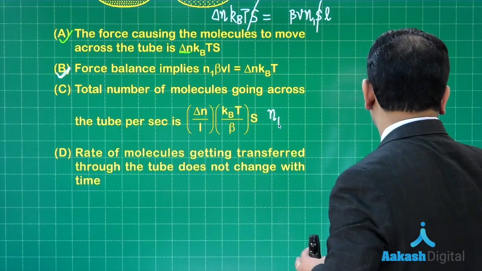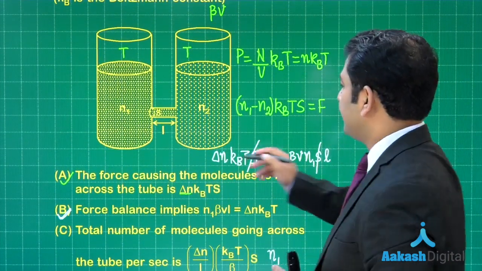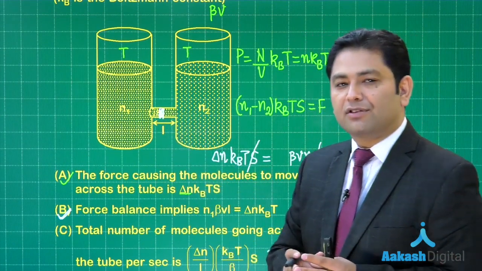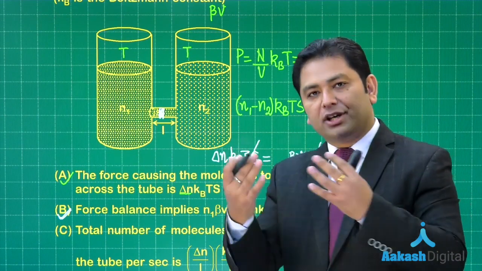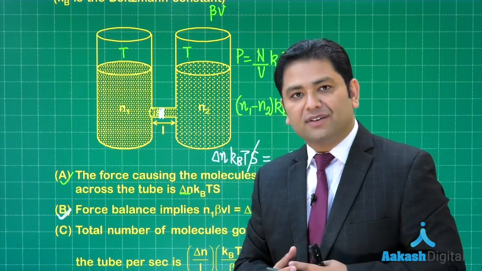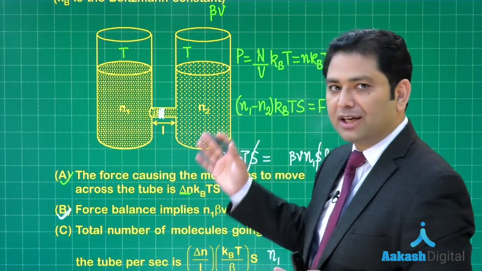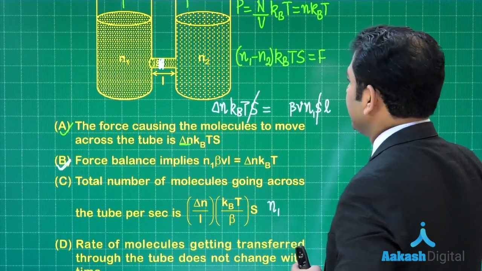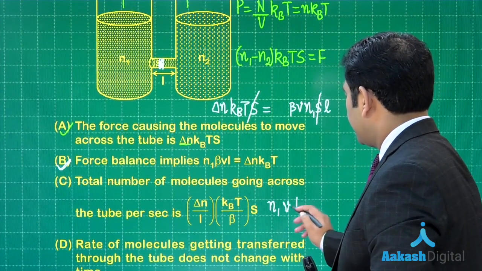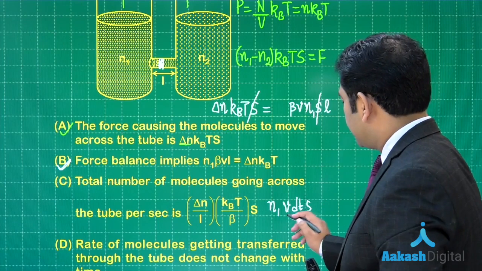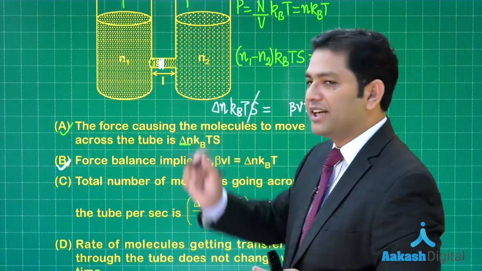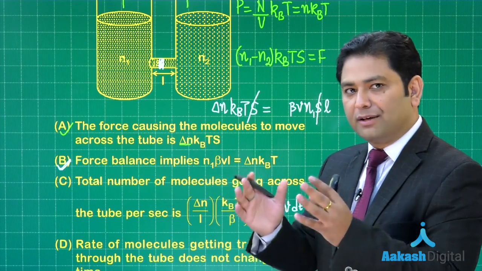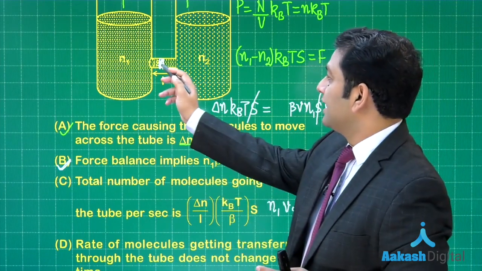So let's just consider a small segment right here in the tube, this particular segment. And let's see how many molecules would be enclosed there per unit time. That is essentially going to give us the number of molecules flowing per unit time. So we've almost done it. What I can do is n1 multiplied by v dt into S, this will give me the differential volume of this shaded part, and multiplying by number of molecules per unit volume will give me the number of molecules enclosed here.